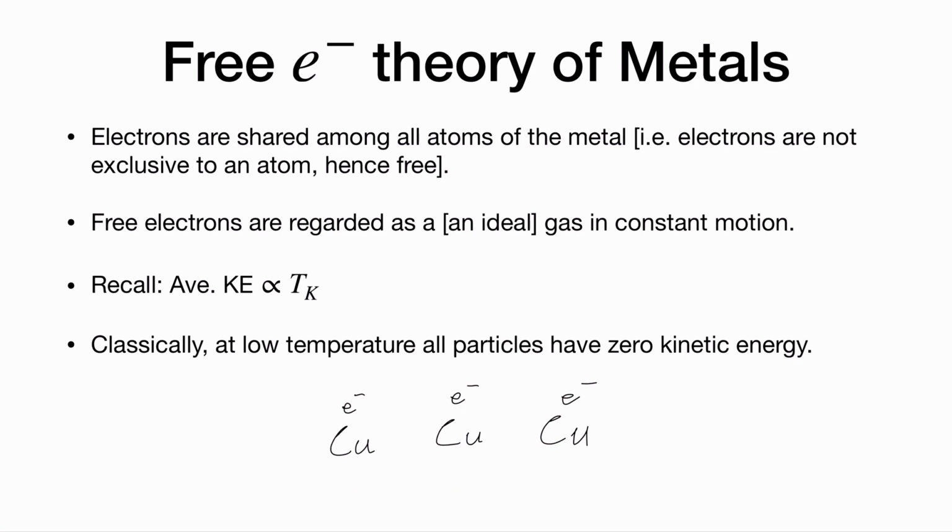This allows us then to understand how metals can conduct electricity, because you have electrons all the time in motion and available for conduction, for allowing electricity to pass through.